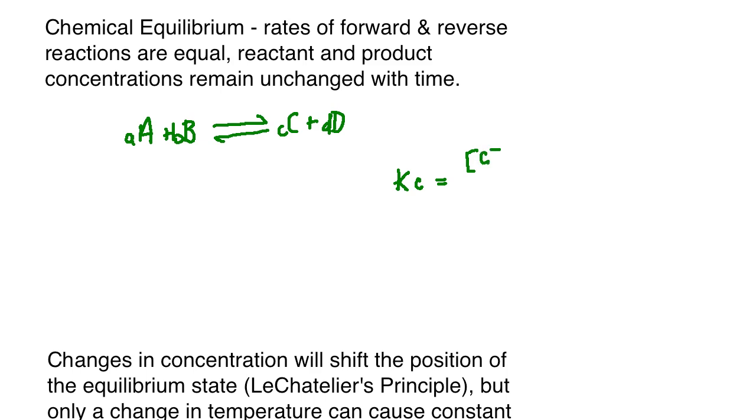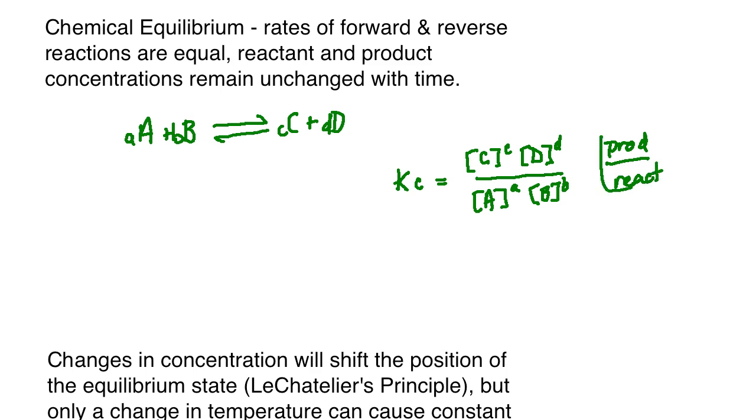So it would be C raised to the little c, D raised to the little d, over A raised to little a, and then B raised to little b. All right, so it's products, and this is important to remember because it's easy to forget, over the reactants. This is the way that you measure your equilibrium constant.